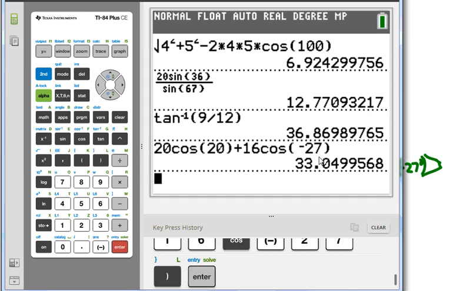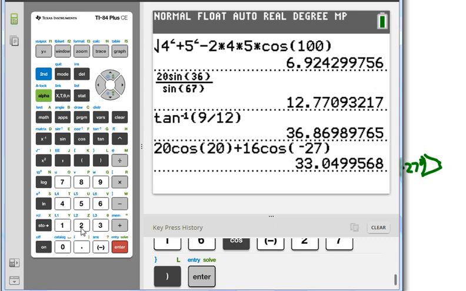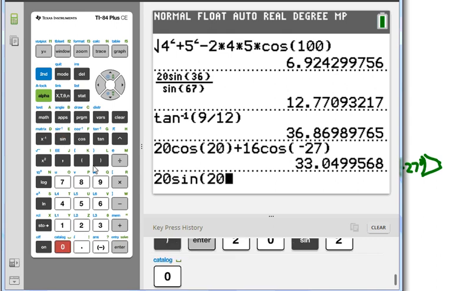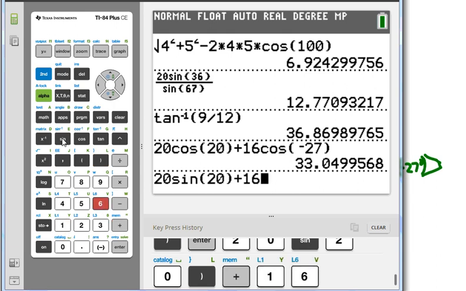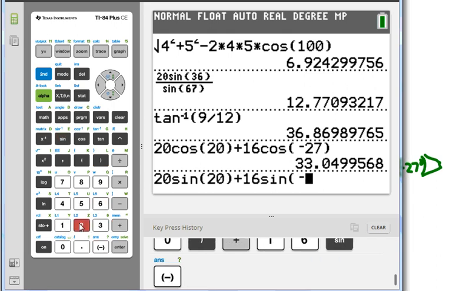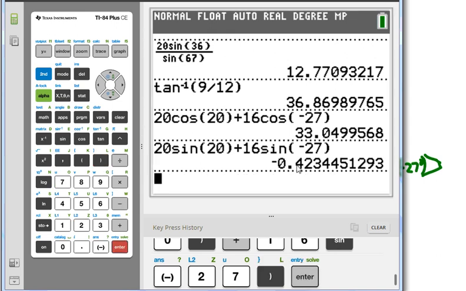We get this value here, 33.05 approximately, and then we put in 20 sine 20 degrees plus 16 sine negative 27 degrees. We get this value here, negative 0.42.